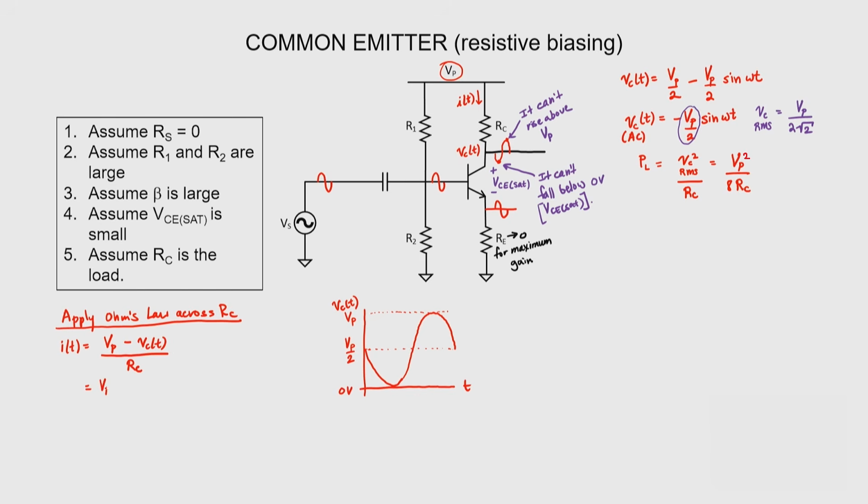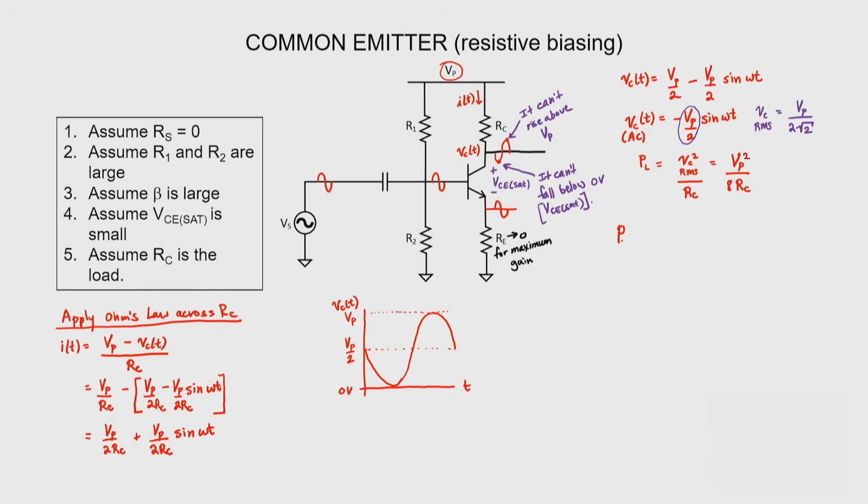So let's just write out this expression, and I need to now subtract my collector voltage. So we'll write the entire expression for the collector voltage from up here. Simplifying a little bit, we can get a final expression for the current coming out of the power supply.